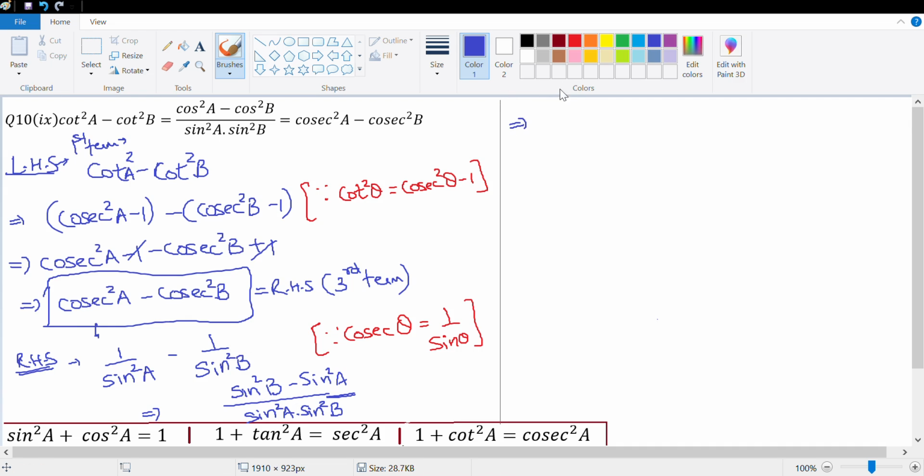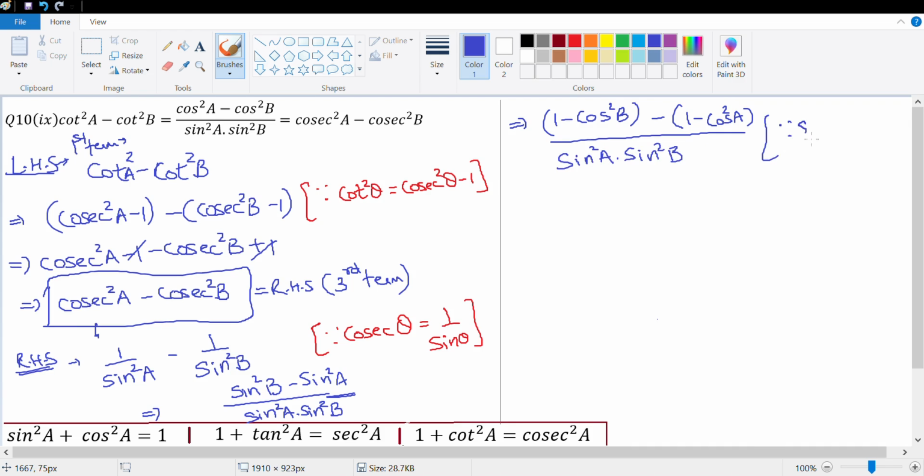Let me replace this with 1 minus cos square B minus, let me replace sine square A with 1 minus cos square A. So instead of sine square B, I have written 1 minus cos square B, and instead of sine square A, I have written 1 minus cos square A. Denominator remains the same, sine square A dot sine square B. Reason would be since sine square theta is equal to 1 minus cos square theta.